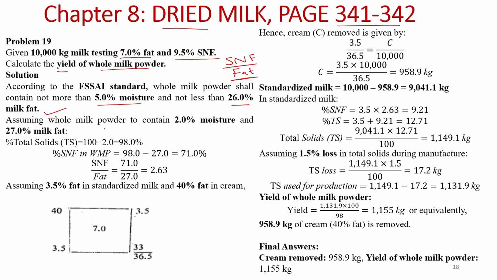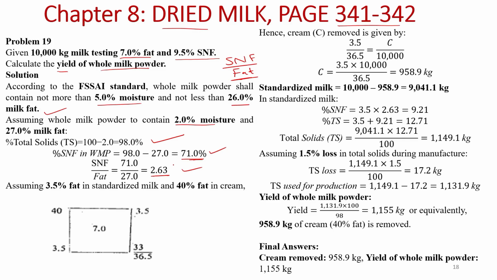So assuming that whole milk powder contains 2% moisture and 27% milk fat, we will have TS equal to 100 minus 2, that is 98% TS. And if we calculate the percentage SNF, it will be 98 minus 27, that is equal to 71% SNF. So we want the SNF to fat ratio in whole milk powder to be 2.63. 71 divided by 27 is equal to 2.63.